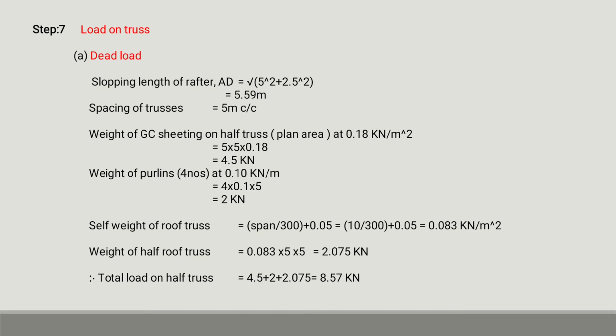Weight of purlin, for 4 numbers at 0.1, is 4 into 0.1 into 5, which is 2 kilonewton. Self weight of roof truss is span by 300 plus 0.05, so you get 0.083 kilonewton per meter square. Then the total load of the half truss is 4.5 plus 2 plus 2.0575, which is equal to 8.57 kilonewton.